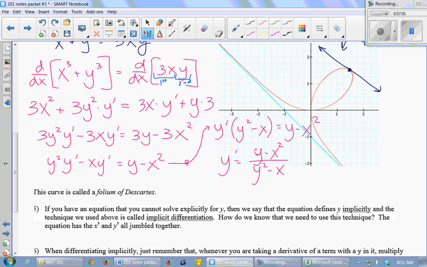All right, so how does that help me get the slope of the tangent line at 3/2, 3/2? That's the derivative of the function at any given point x, y. Now I could plug in the x and y values, the 3/2 for x and the 3/2 for y.